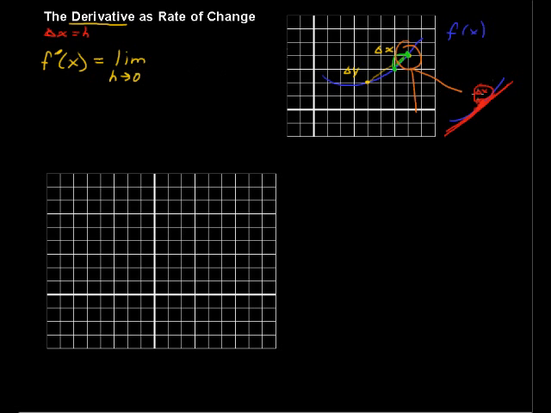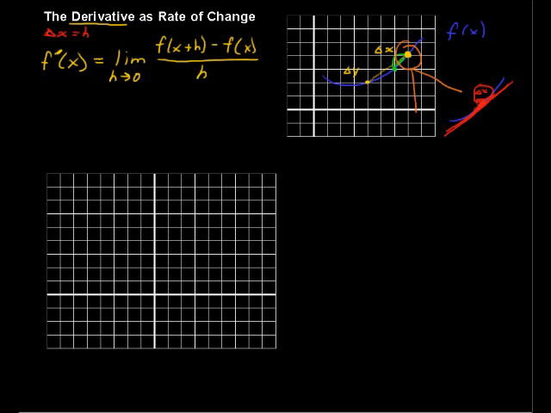So that change in x, as we get closer and closer to the real value that we're looking for, it's the limit of the function evaluated at x plus h minus f of x, all over h.